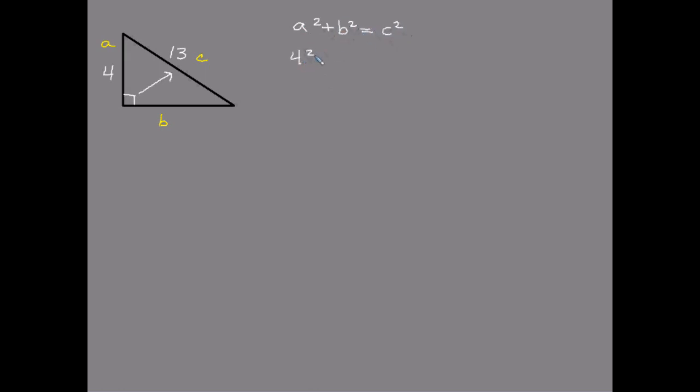So that's 4 squared plus B squared equals 13 squared. That's 16 plus B squared is equal to 169. I subtract 16 from both sides. B squared is equal to 153. And then I take the square root of both sides. So B is the square root of 153.